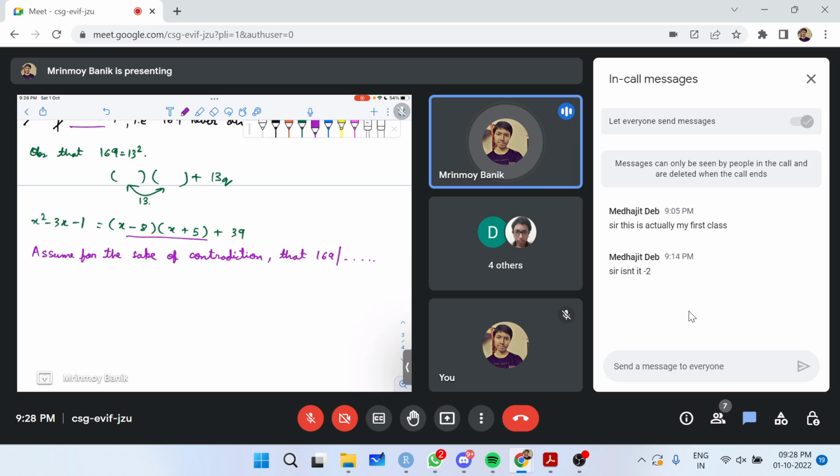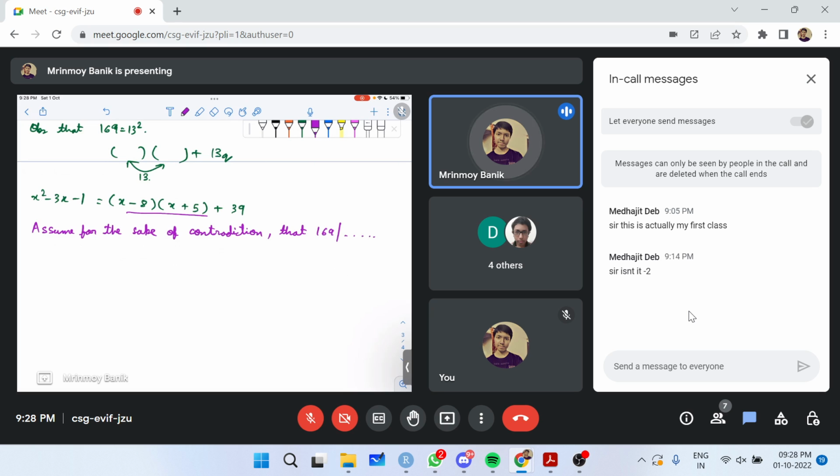Now we will eventually hit upon a contradiction. So our assumption implies 13 divides the same thing. Okay, let me write it down. So 13 divides x minus 8 and x plus 5.